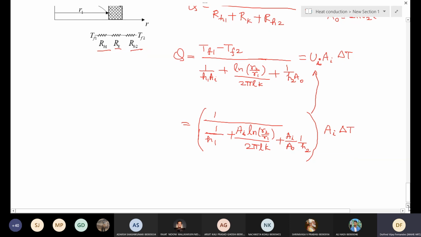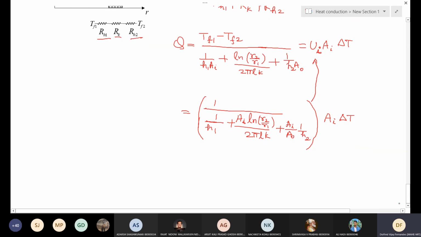Instead of taking Ai outside, I can write in terms of the outside area, that is Uo Ao delta T, Tf1 minus Tf2. So what is the formula now?